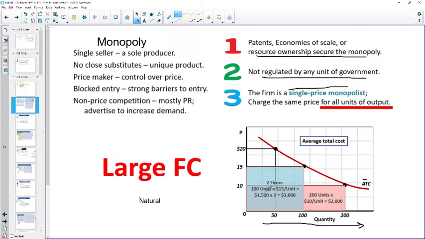It wouldn't make sense for society if you wanted to have 200 units of this product to have two firms producing 100 units each, but costing $15. Society would be much better off if you had one person making all of it, spreading out the fixed costs, and producing 200 units at $10 a unit. If fixed costs are extremely large, it might make sense to only have one company making the product. That's called a natural monopoly.